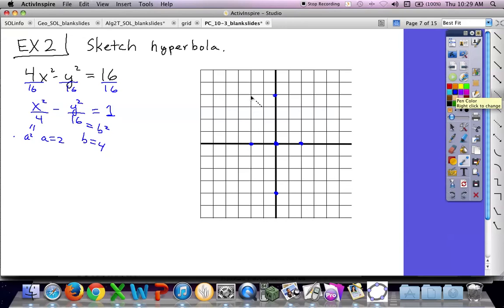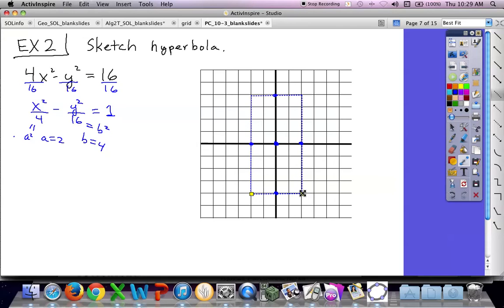So sketch yourself a box. That's why you use the b, to make this box.